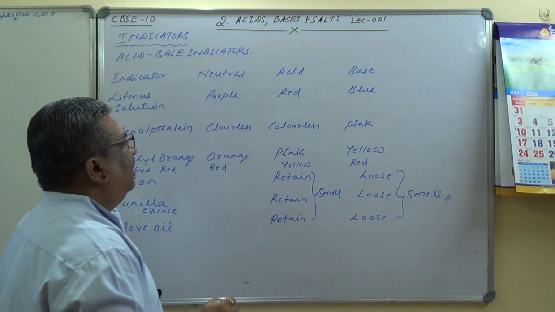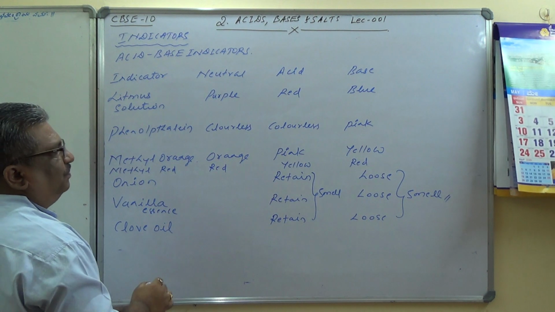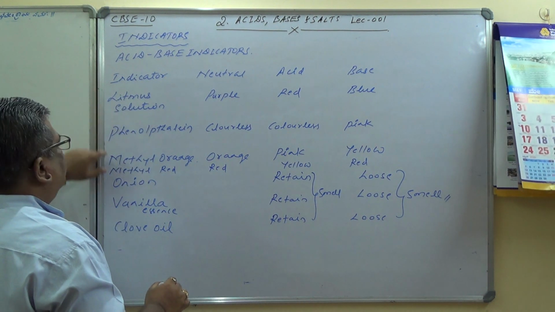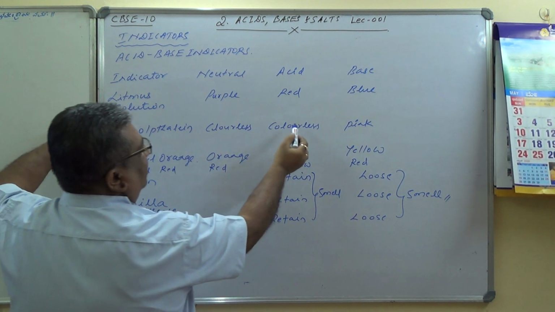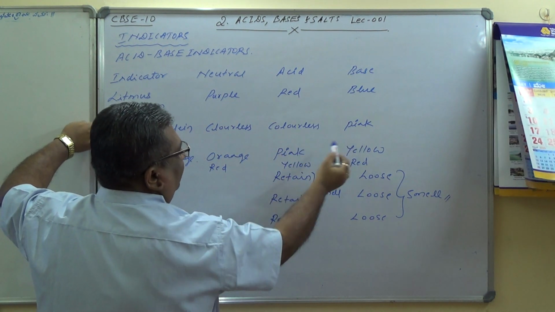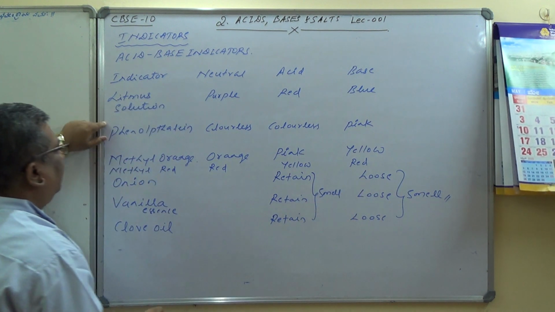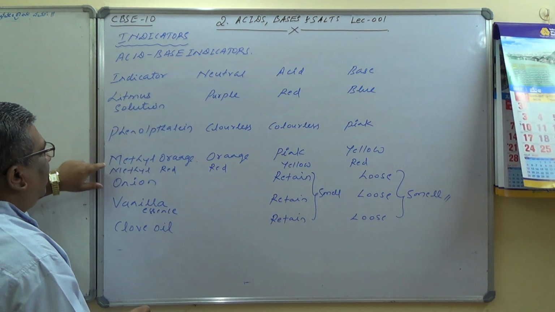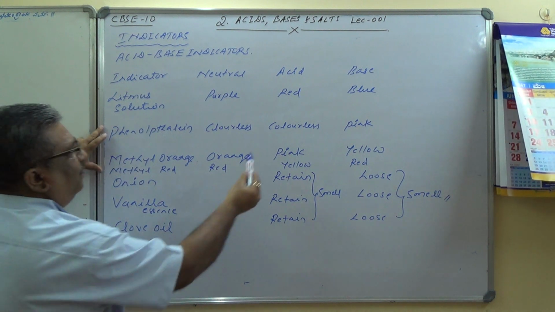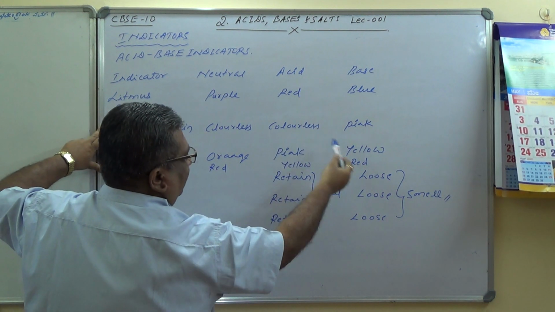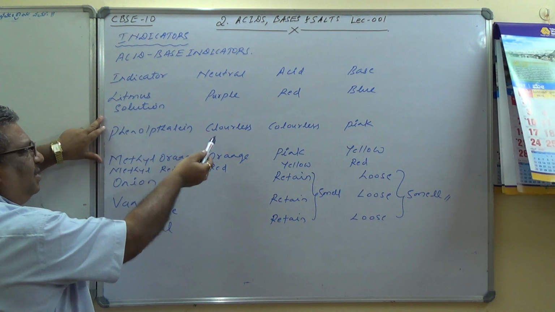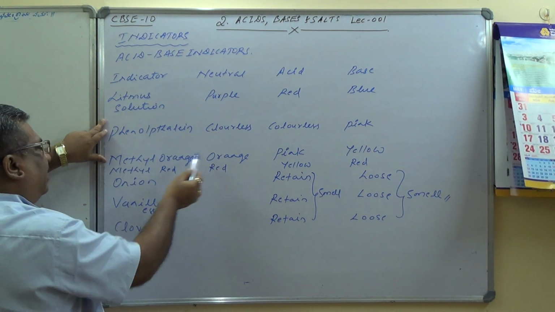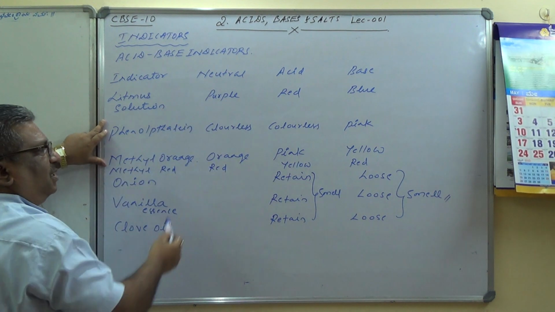Okay, see here one chain you can see, phenolphthalein colorless to pink, pink to yellow, yellow to red. This is how you should be able to remember phenolphthalein, methyl orange and methyl red. In acid base, if you look at their natural color you will come to know. Phenolphthalein is colorless, methyl orange is orange, methyl red is red in neutral condition.